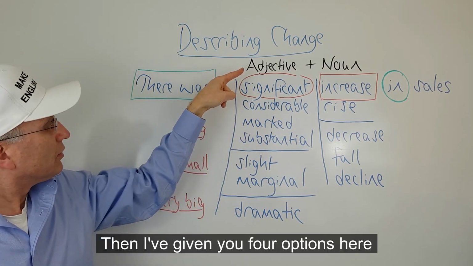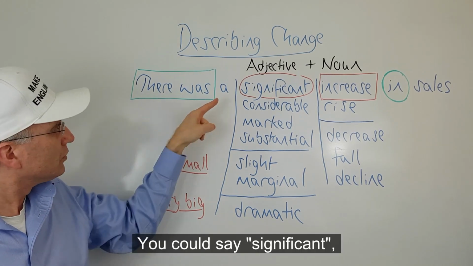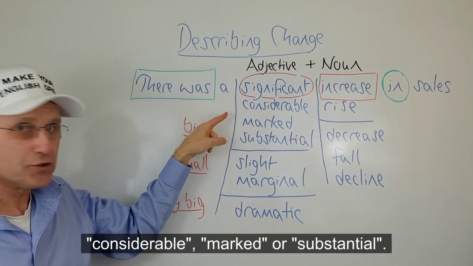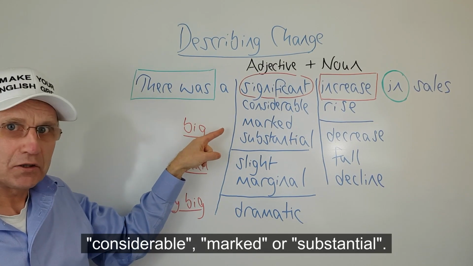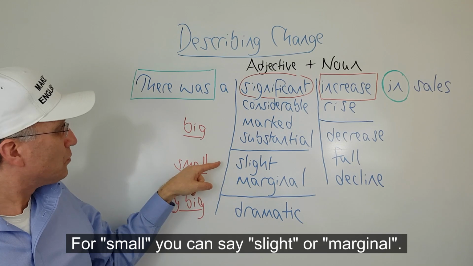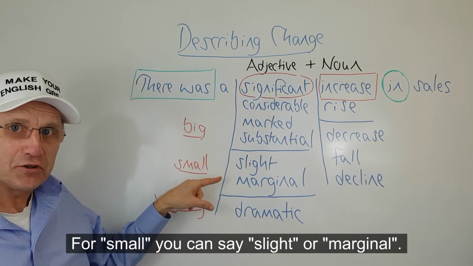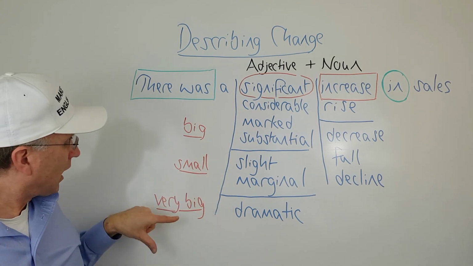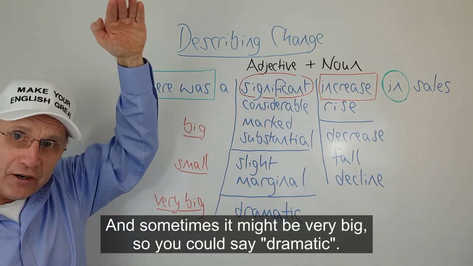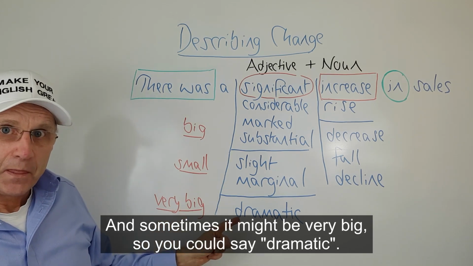Then I've given you four options here for big. You could say significant, considerable, marked, or substantial. For small, you can say slight or marginal. And sometimes it might be very big, so you could say dramatic.